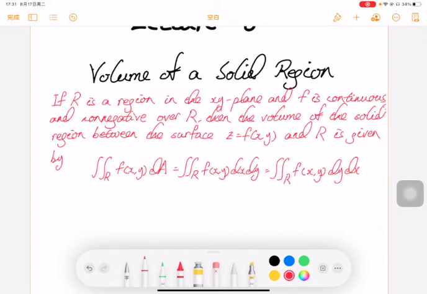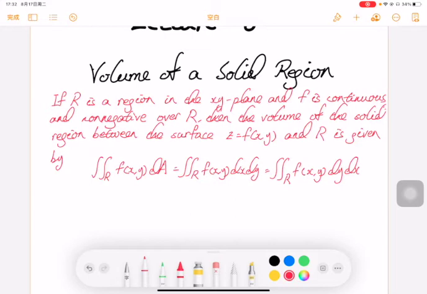And here the integral is taken over the region R, and we just put a little R underneath the integral sign. Again, it's a conceptual notation, telling you that we are integrating over this region R. But how do you compute it? You go through the same process we did in the last lecture.